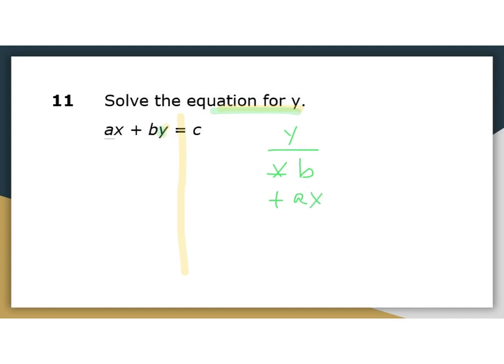And then from there, we're going to get our value of c. So I have my setup, starting from the bottom and working our way back up to get the y variable by itself. We're going to do this by using our inverse operations. So instead of a plus ax, it's going to be minus ax.